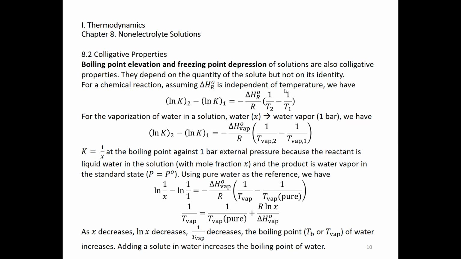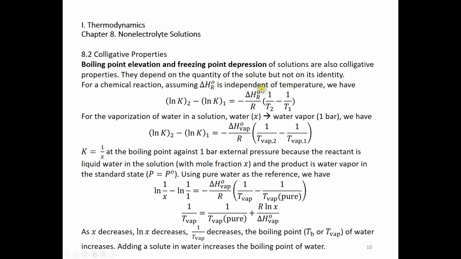So really we look at delta C_P,m of the reaction. However, the integral of delta C_P,m dT of the reaction is usually much smaller than the enthalpy of reaction, and therefore it's reasonable to assume this is approximately independent of temperature.